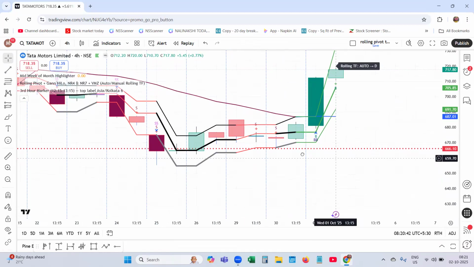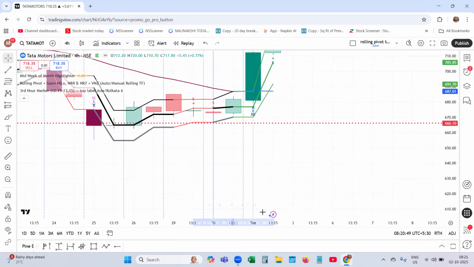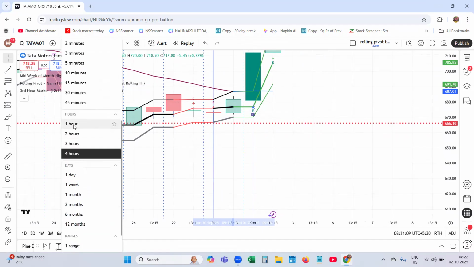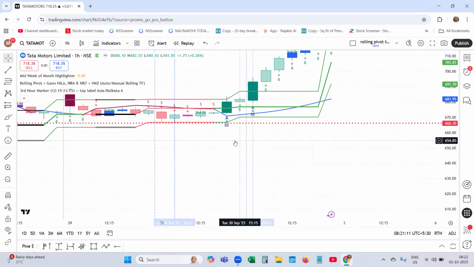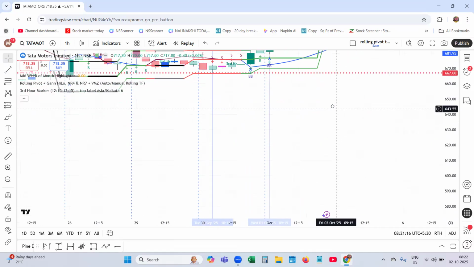Here, on the 4-hour time frame, on the 29th it was red, and during 1:15 it became neutral. Also, if you change it to the hourly time frame on the 19th, it was a buy signal.